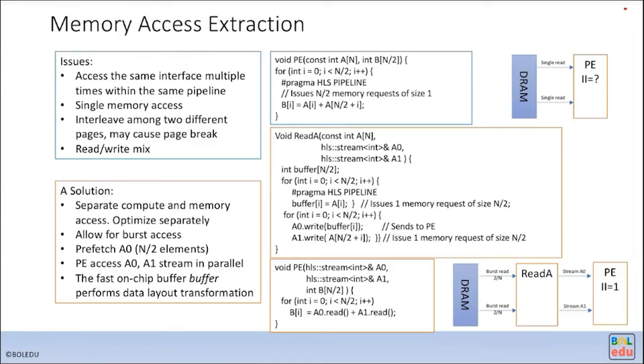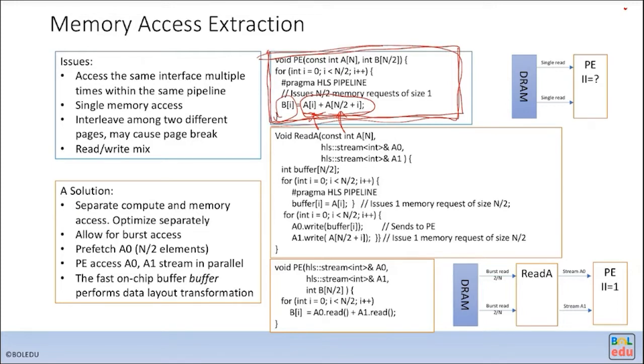It's a very simple example where you read data from the memory array. You access the data from two different regions of the A array, add them together, and write to a B array. If you write the code as simple as this, let's see what problems you will encounter.